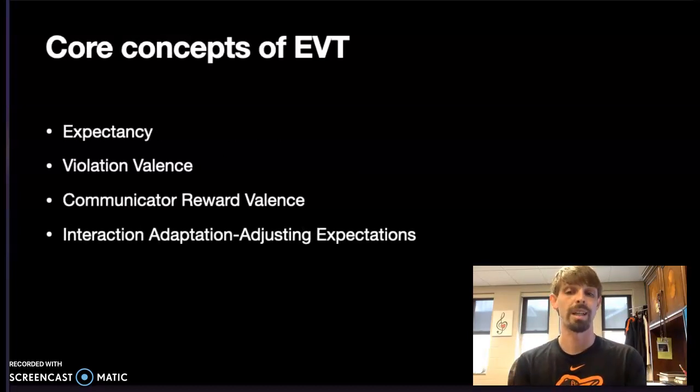So the core concepts of EVT: expectancy, violation variance, communicator reward variance, interaction adaptation, and adjustment expectations. So let's look at these core concepts a little deeper.